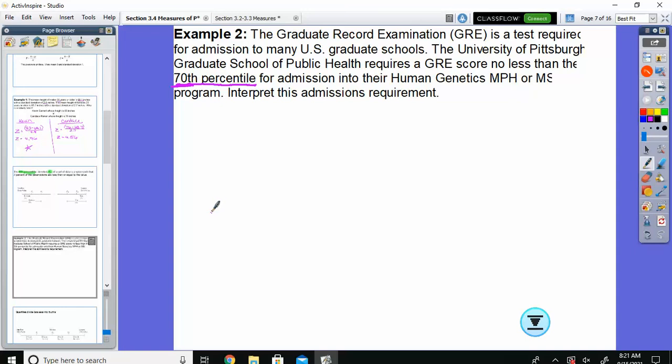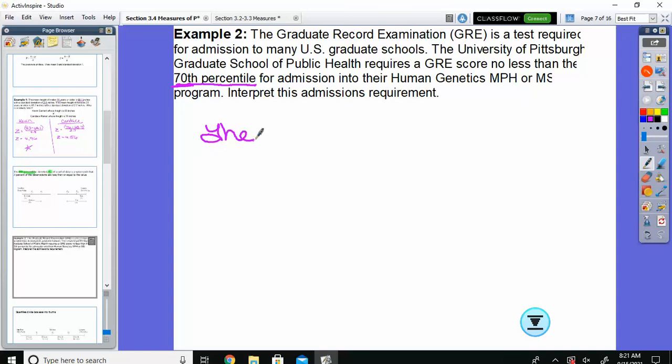Anybody tell me? Out of all the people you have to place in the top third, out of 70% of the scores, yours will be here and everybody else's will be below you. Okay, so it means out of all the scores, 70% have to be less than or equal to your score. So you have to score high enough that only 30% of the people are above you. The other 70% are either less than or equal to you.